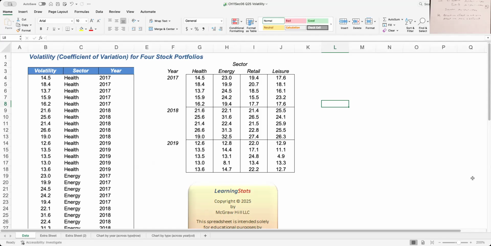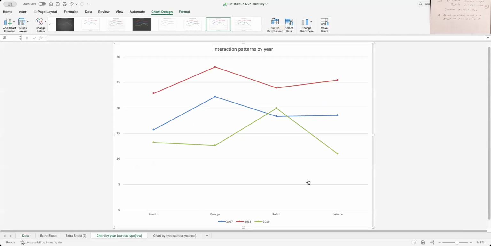What I could do before I do anything else is go by columns or by rows, and I could graph these. Remember, we're looking for interaction effects, right? So I could make a chart. By row, I had 3 years. Here are 3 rows, 4 portfolio types. There are 4 dots in each color here.